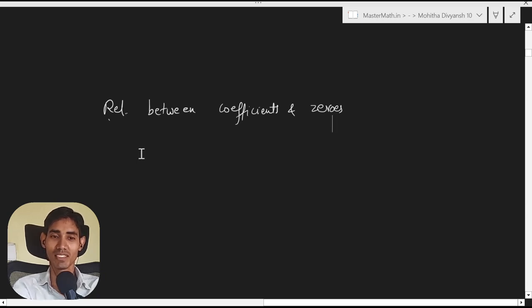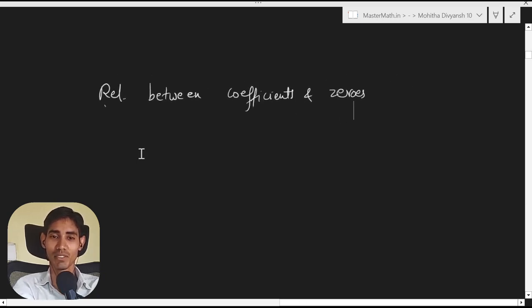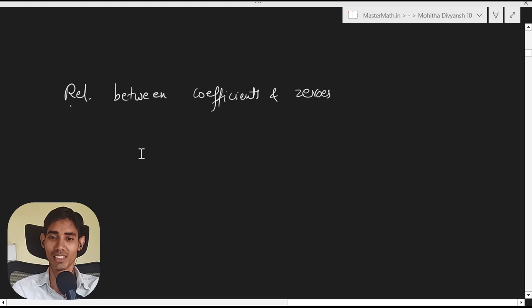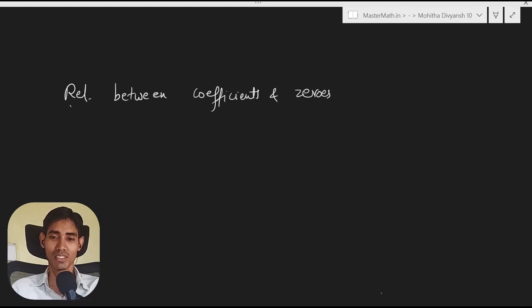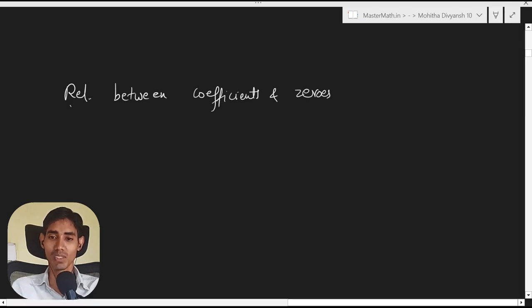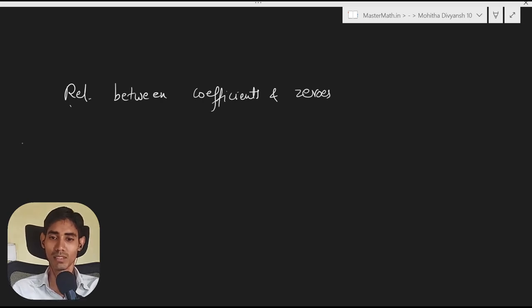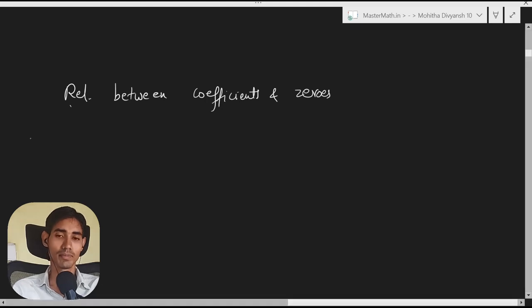Really? I've written this in white, a relation between coefficients and zeros. Now I see. It took some real good time. All right. So is the screen not showing up in real time? It just didn't show.